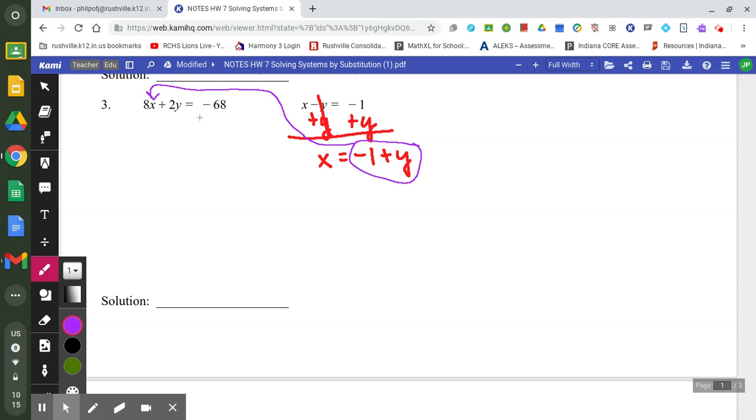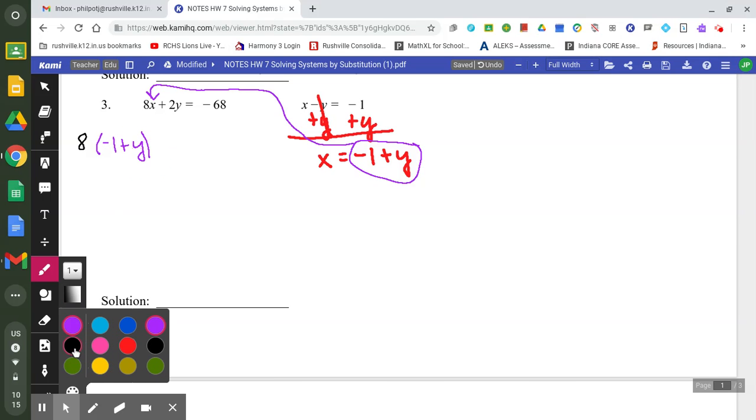So this line will now read 8 parenthesis negative 1 plus y plus 2y equals negative 68. And then I'm going to simplify this and end up solving for y.